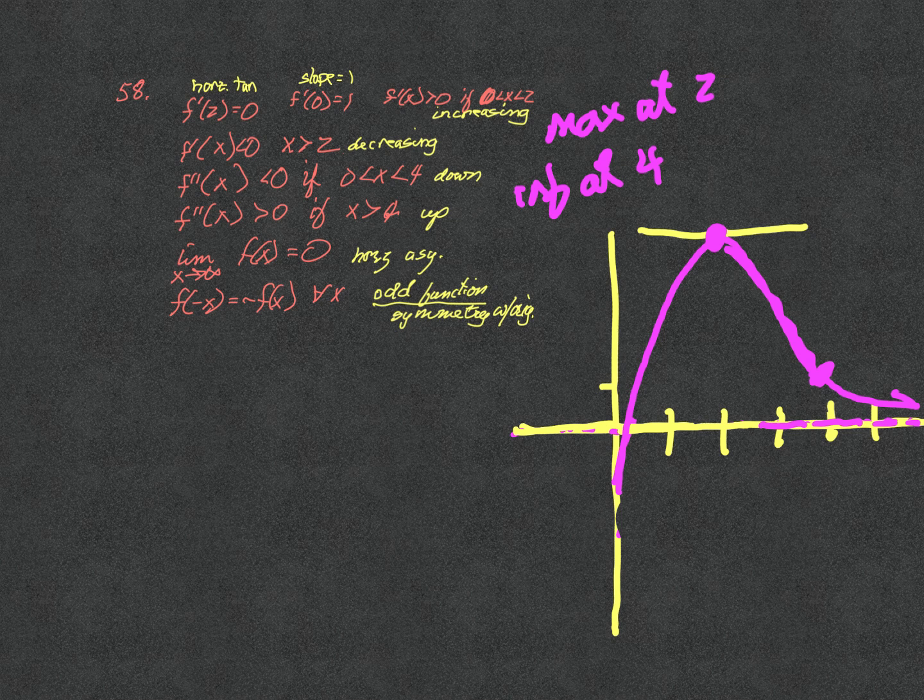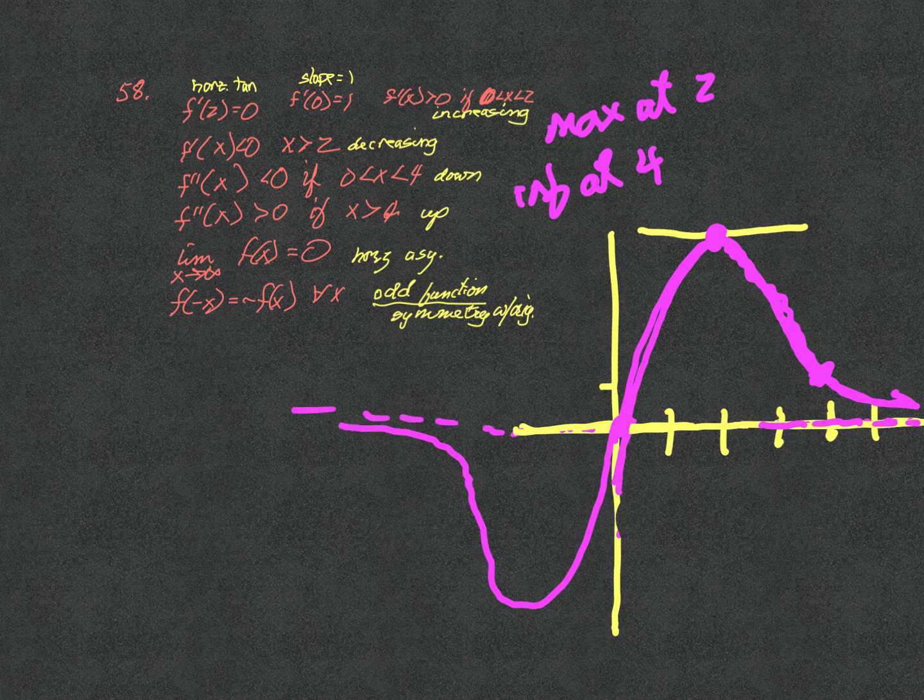Now, the other thing that it tells me is that this function is an odd function, which means it has symmetry with the origin. So I come up here, do this like that, but then I have symmetry with the origin. So the other side has to mimic it exactly.